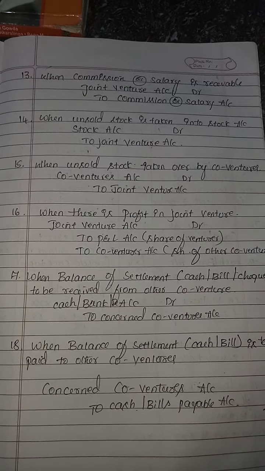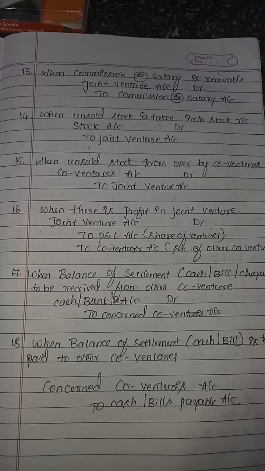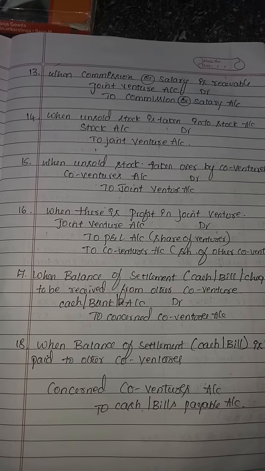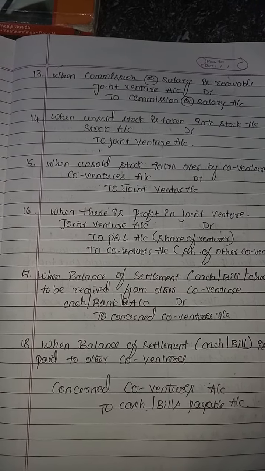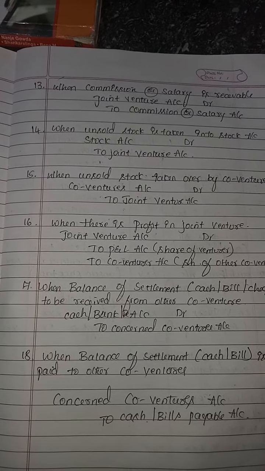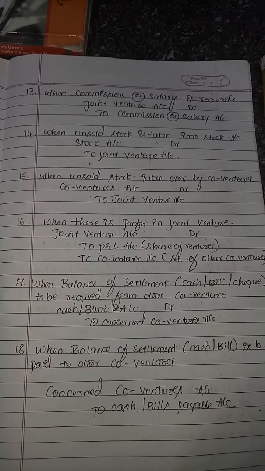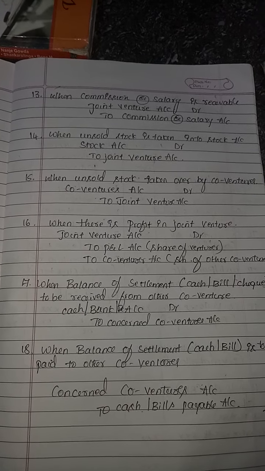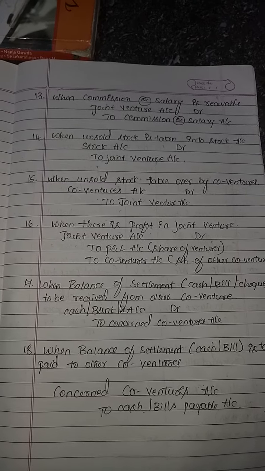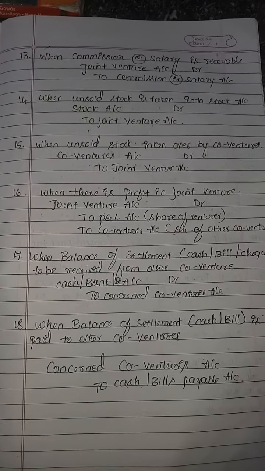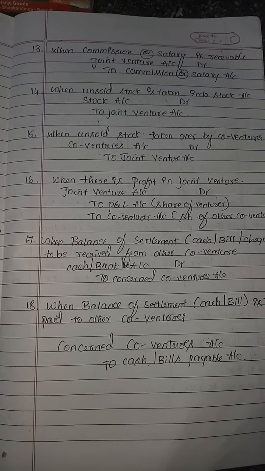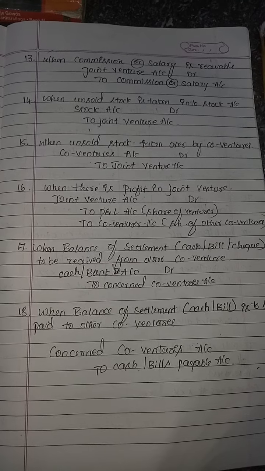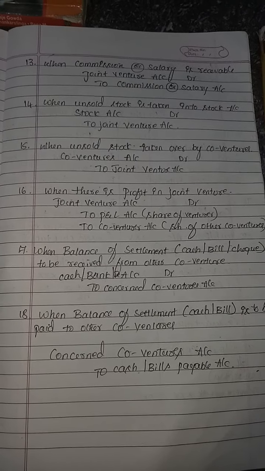When balance of settlement is received, if any cash, cheque or bill is received from other co-venture, the entry will be cash or bank account debit to concerned co-venture account. The next situation, when balance of payment is to be paid to other co-venture, the entry is concerned co-venture's account debit to bills payable account.